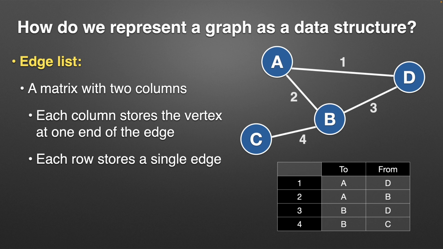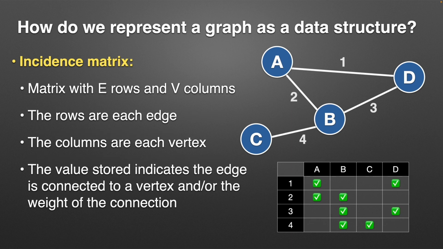If it's undirected, that really doesn't matter. And then each row is an edge. I've numbered these edges just for convenience. But you can see in the row you store the start and the end, and you just make an entry for each edge that exists. So that's another approach you can use when storing this data.